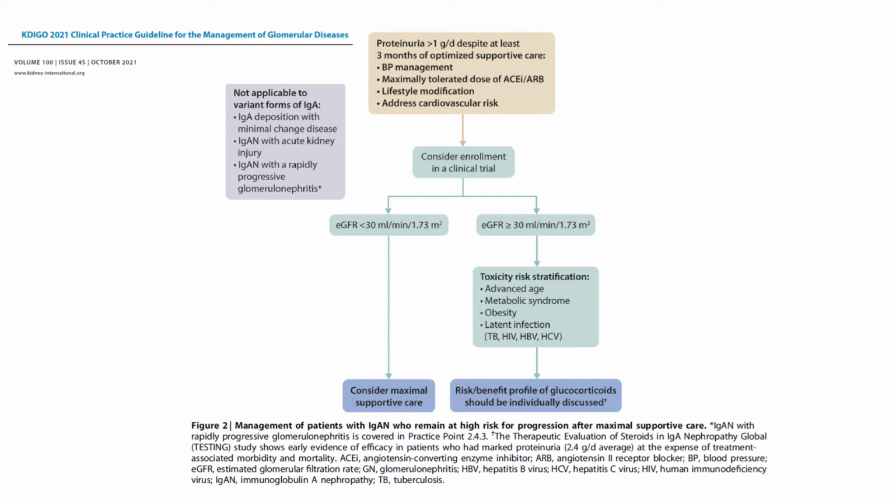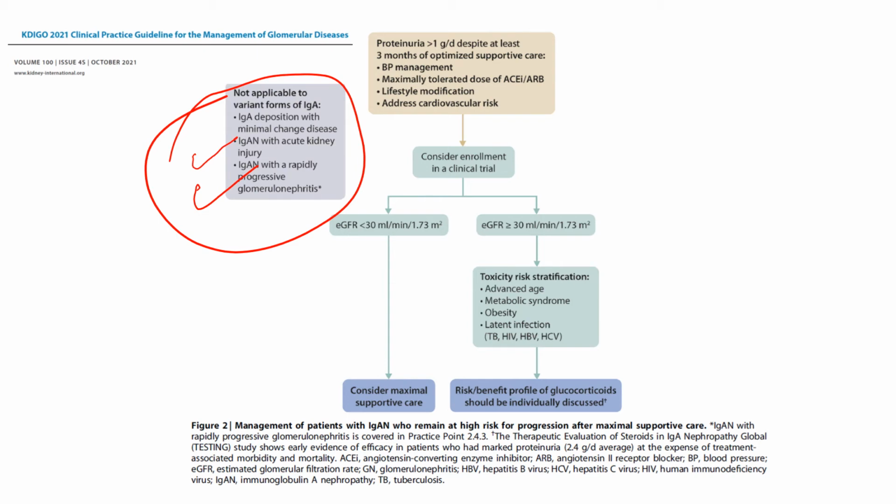So this approach is not applicable for IgA nephropathy with rapidly progressive glomerulonephritis, IgA nephropathy with crescents. It is not applicable for IgA with acute kidney injury secondary to hematuria and AKI.